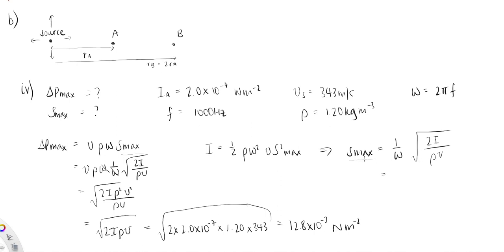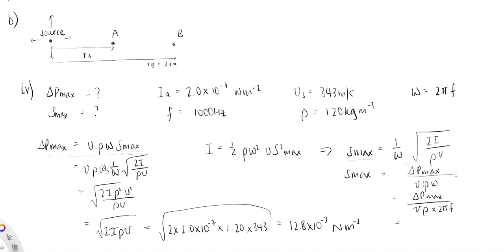We can either use this equation here, which is slightly longer, or we can rearrange this equation here and get S max equals delta P max, which we've already worked out, divided by V times rho times omega, which is actually going to be delta P max divided by V times rho times 2 pi f.